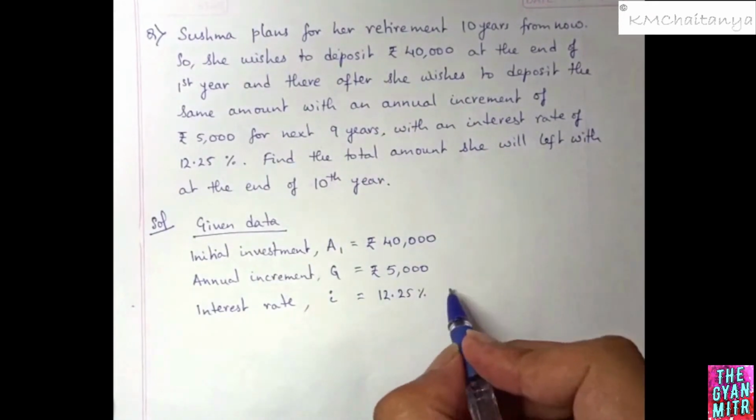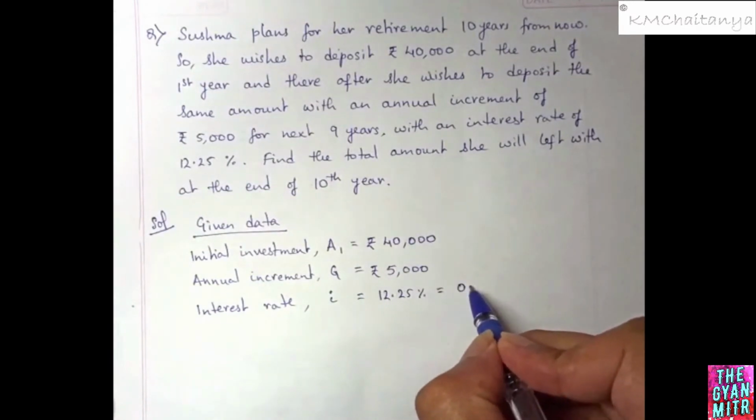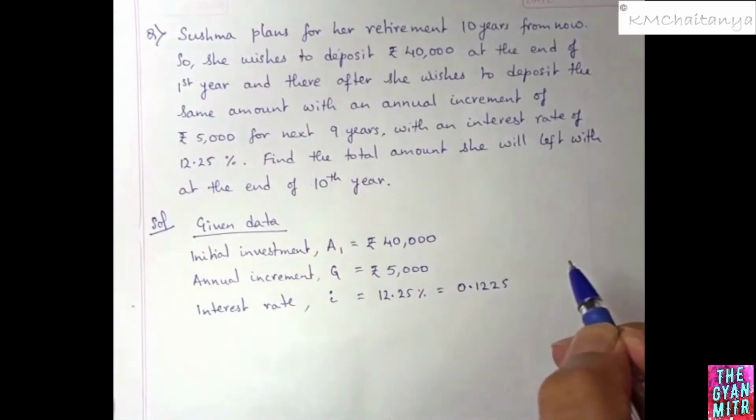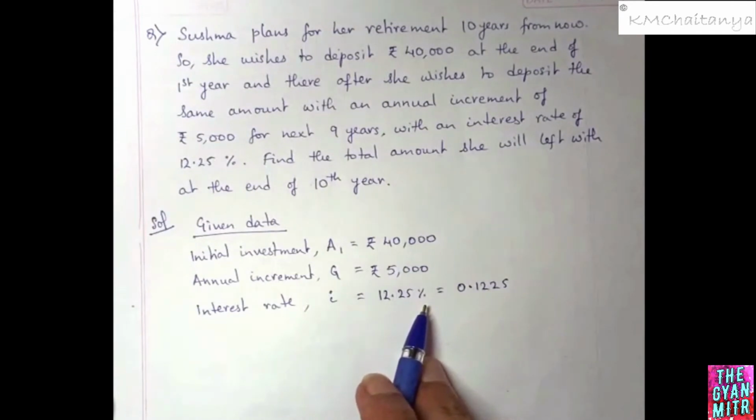So if I convert it into decimal, it will be 0.1225, that is 12.25 divided by 100.